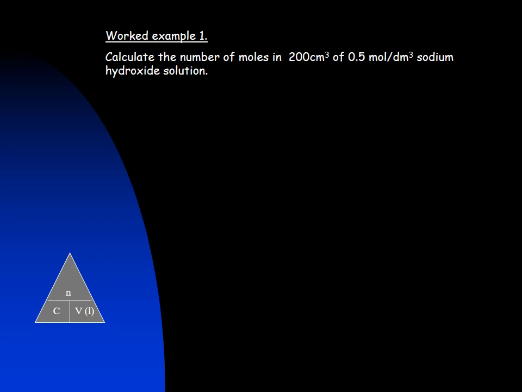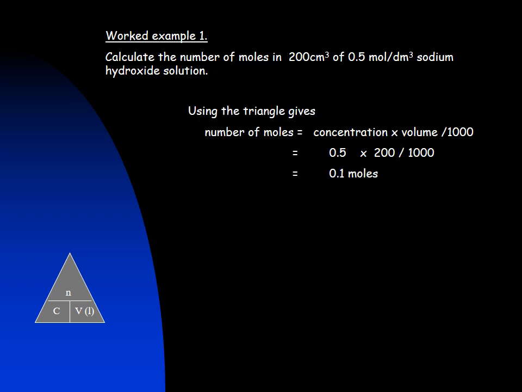So let's have a look at a worked example. Calculate the number of moles in 200 centimeters cube of 0.5 mole per decimeter cube sodium hydroxide solution. So you would do this in a quite straightforward fashion. Using the triangle, you first have to work out, okay, what am I trying to calculate here?